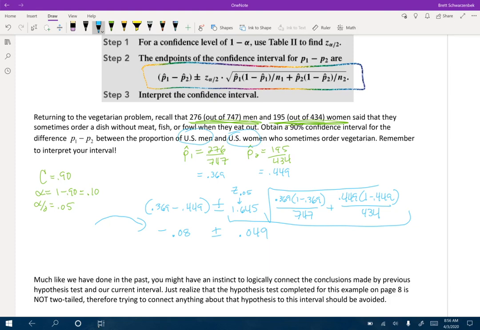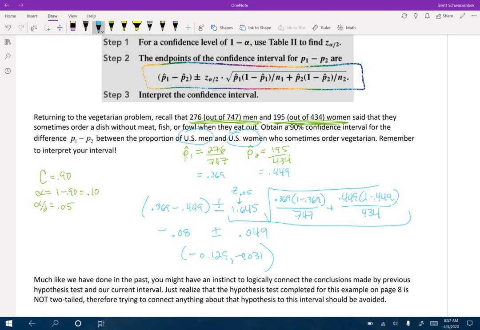When we come up with the interval in the end, we're going to know that our first value is less than our second value. So when we do the calculations, plus or minus, we get negative 0.129 to negative 0.031.